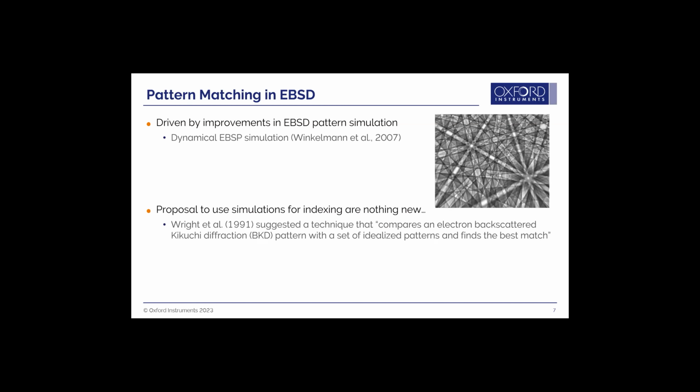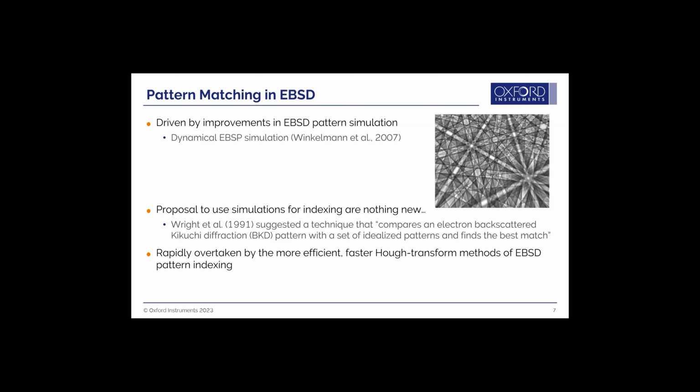Ultimately, this is something that was pitched a while back. Stuart Wright was the first one that put a publication out that said, why aren't we comparing this to a simulated Kikuchi set and determining an orientation from there?